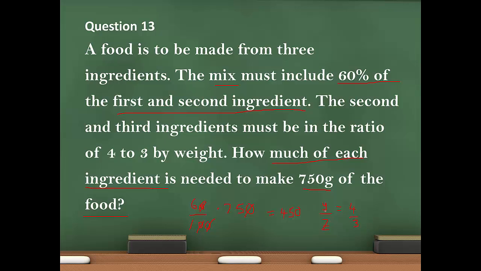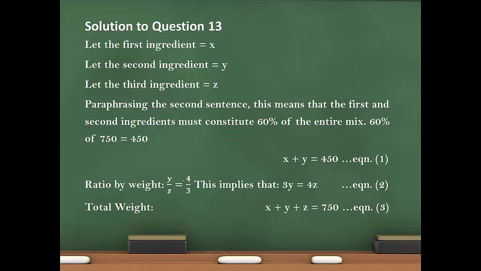So that gives you that 3y is equal to 4z. Then x plus y plus z should be 750 grams. So the amount of the first ingredient be x, the amount of the second ingredient be y, and the amount of the third ingredient be z. And x plus y plus z should give you 750 grams. So when you do that, you kind of have it here.